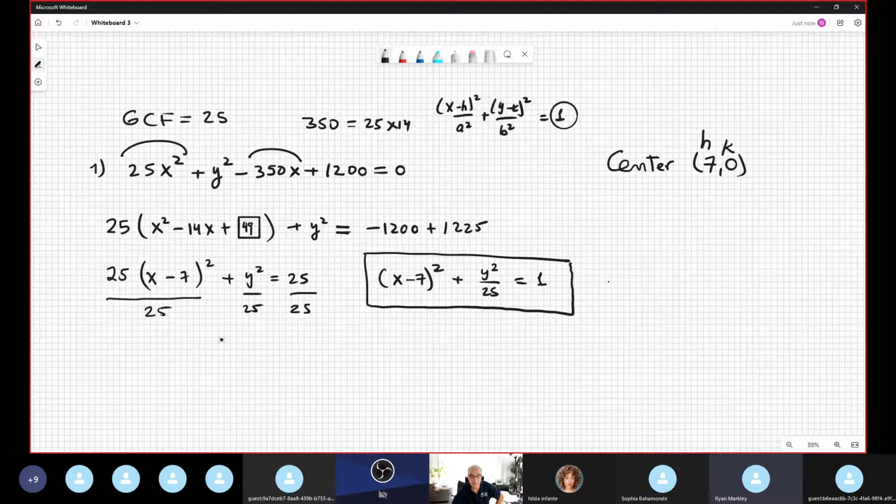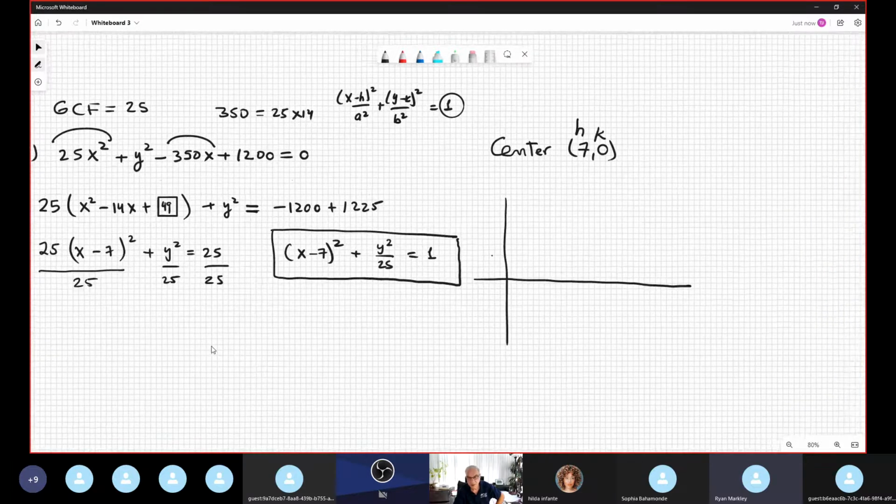So basically, I try to do roughly a sketch by hand after we do this officially. Nice, beautiful. 1, 2, 3, 4, 5, 6, 7. This is my center, 7, 0.